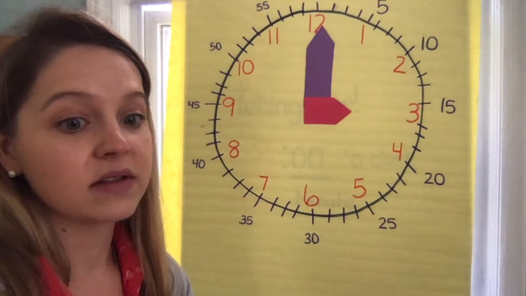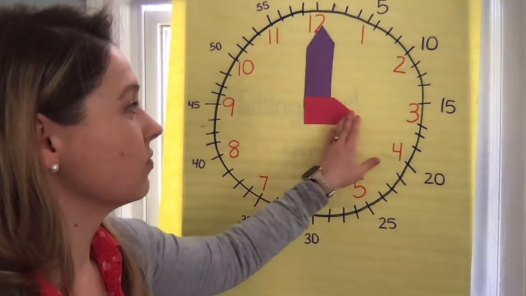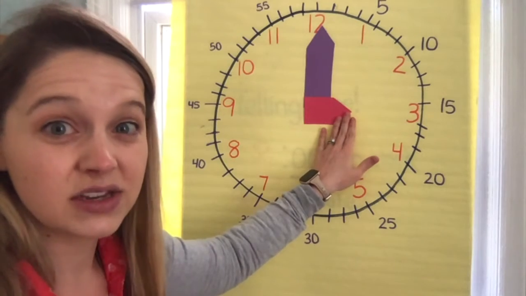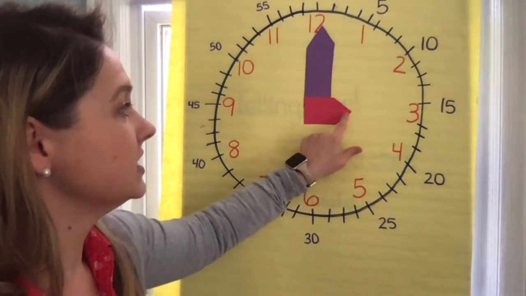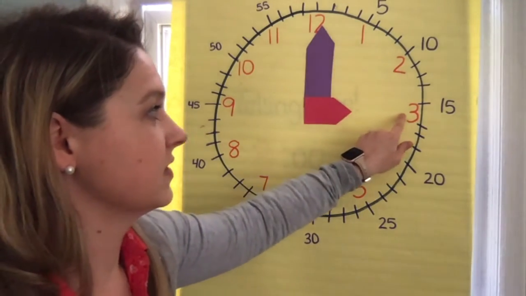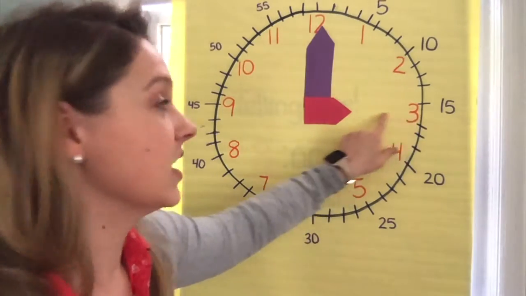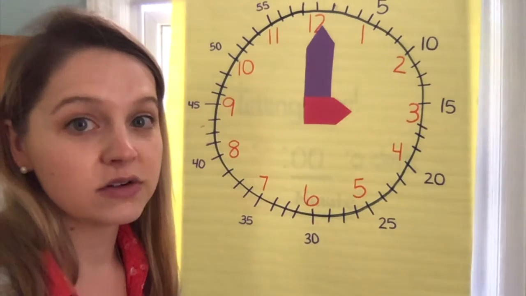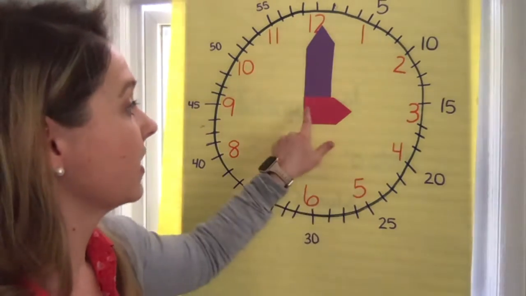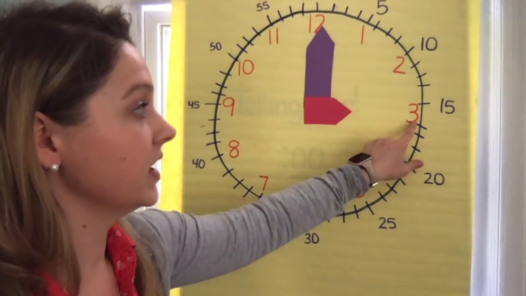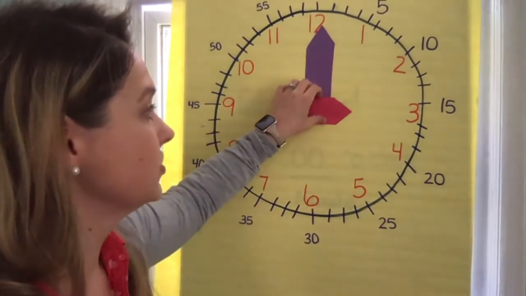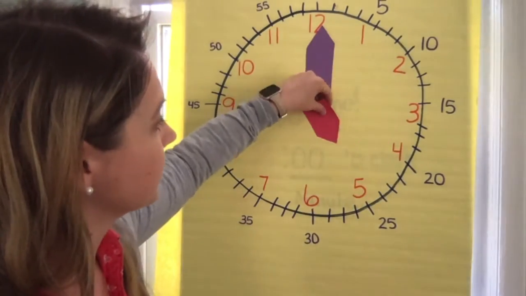One thing that can be a little bit tricky is that our red hand is so short that sometimes it doesn't exactly touch the number for the hour. But instead, we have to imagine that there's a line connecting the number to the hour hand. If I were to read this time on the clock, I would read this as 3 o'clock. Let me show you another example.